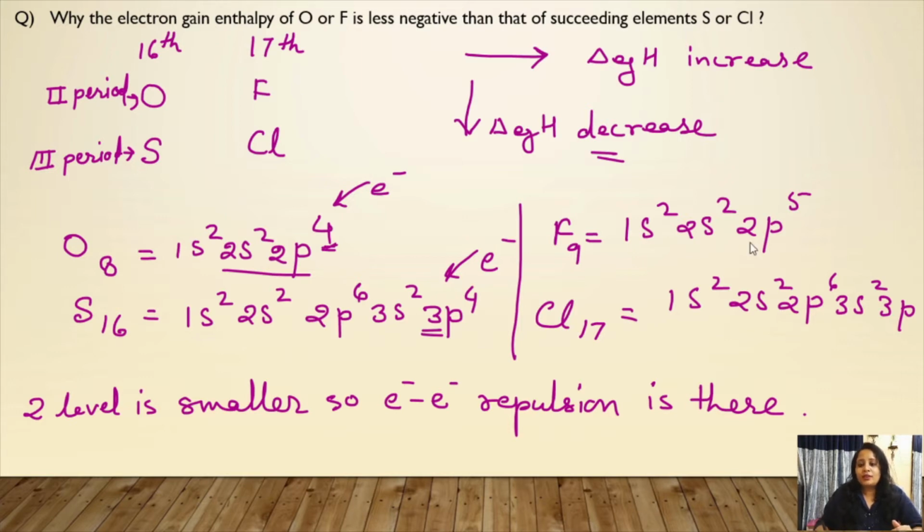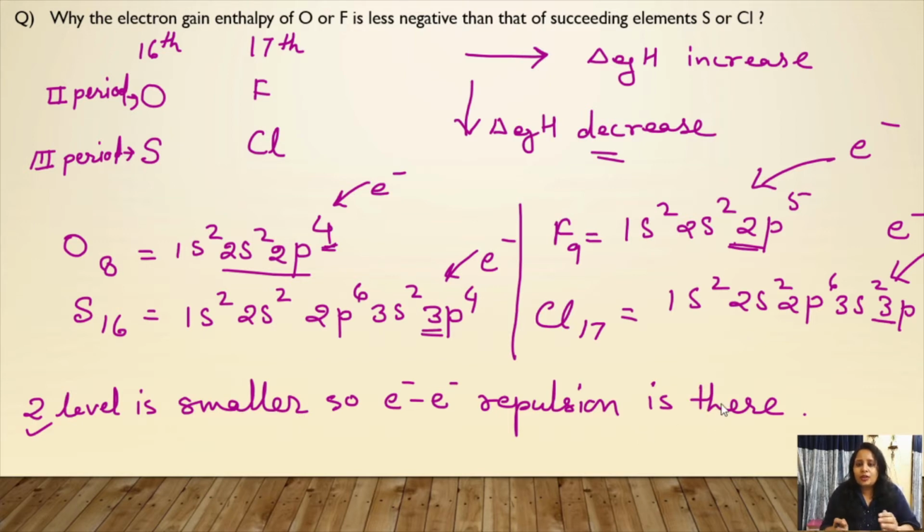In the same way, the same explanation will be here. Here the upcoming electron will enter in the second level, and in case of chlorine, it is entering in the third level. The second level is smaller, so electron-electron repulsion will be there.